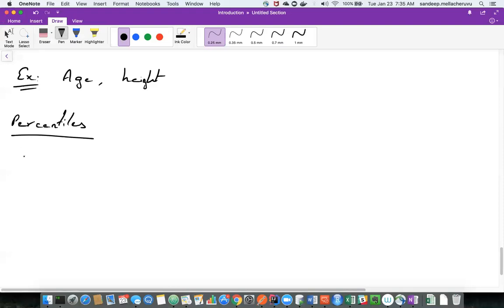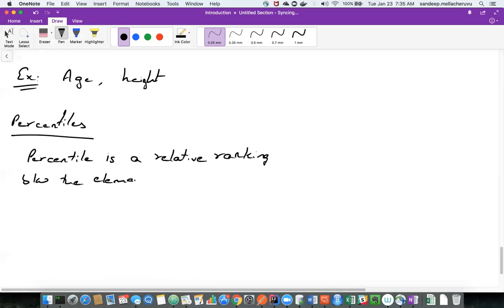So I'll just mention what it is. Percentile is a relative ranking between the elements. I'll explain what it is, but I'll show it with an example.